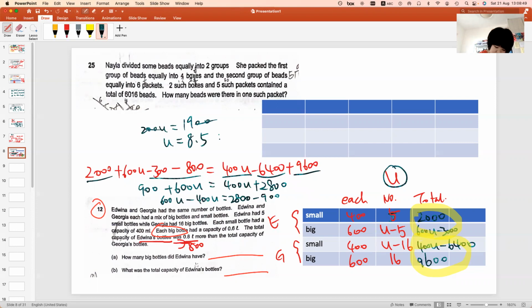Let me double check. 16 plus, okay, this one is good. Okay, the rest is good. Let me double check. So this plus this again, then this minus this 1100.